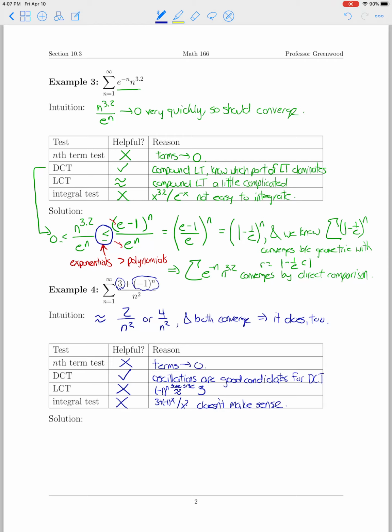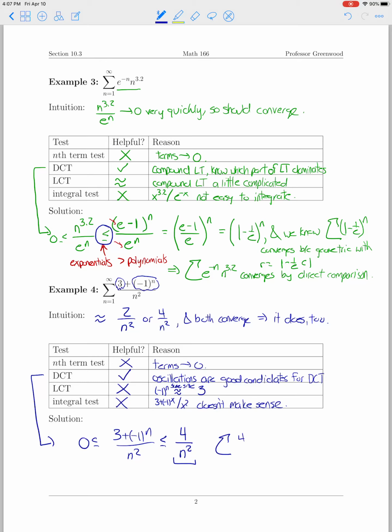Okay, so now let's look at what the direct comparison test would tell me here. Again, I know that my goal is to show that this does converge, which means that I want to find something bigger than it that also converges. And so in this case, I will find the upper bound of 4 here. And then this last part here, this converges by the p-test.